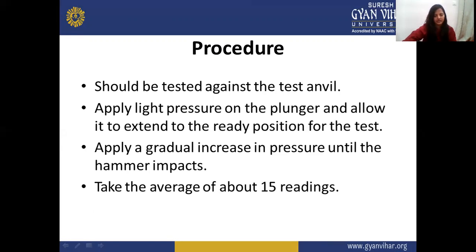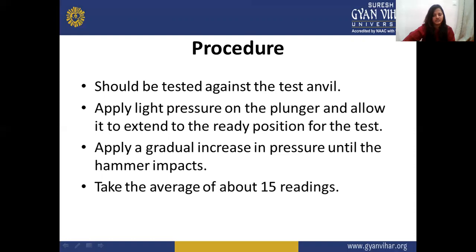So we will see that the spring inside can stretch to a certain limit, after which the hammer is shot onto the surface, and the pressure moves from the hammer to the plunger and from the plunger to the surface.